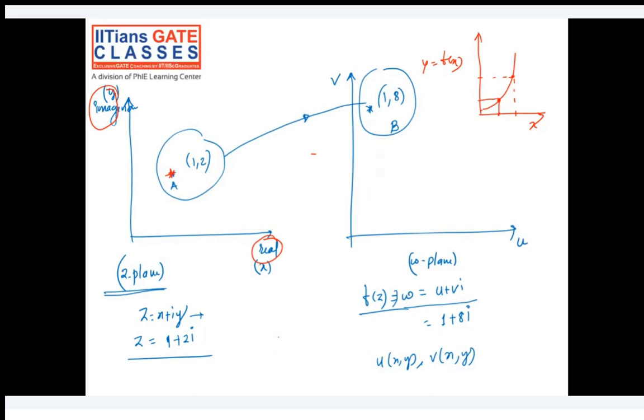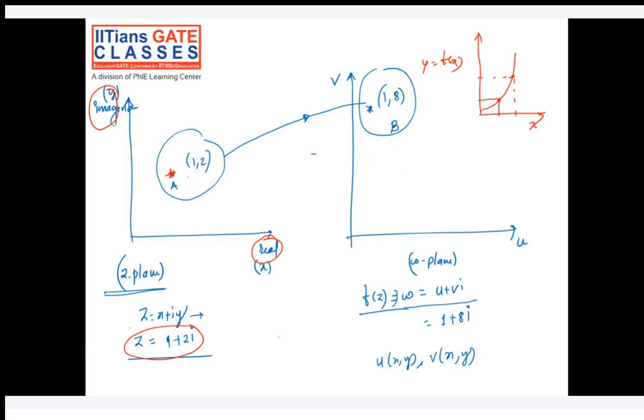What is this complex number? z is equal to 1 plus 2i. To draw the complex number z, we need one plane for it. And in order to draw the function of that complex number, we need another plane. So that is the difference.